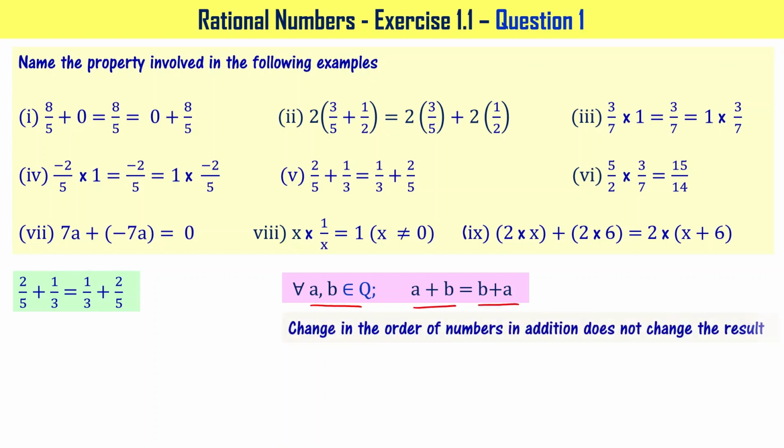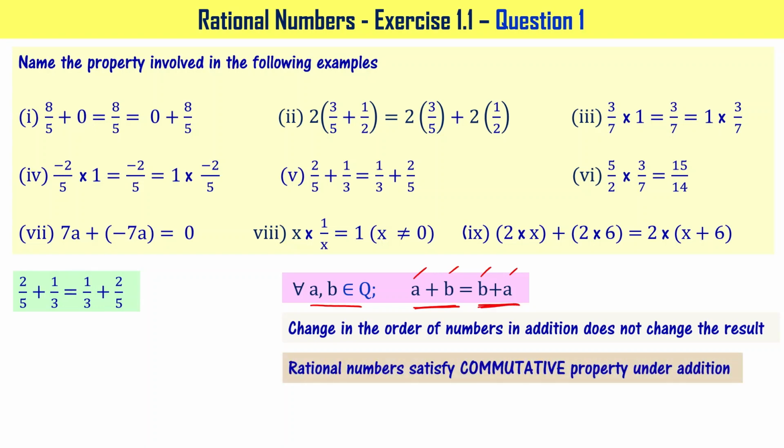What we have done here is changed the order of the numbers in addition, right? While adding, we change the order of the numbers a and b so that it became b and a. It is not changing the result. That is why we said that a plus b equal to b plus a, right?